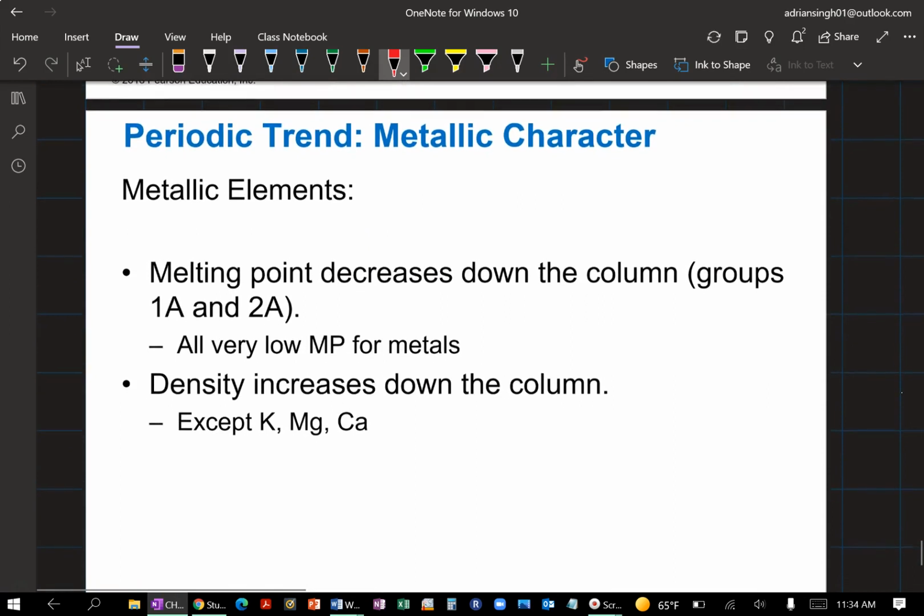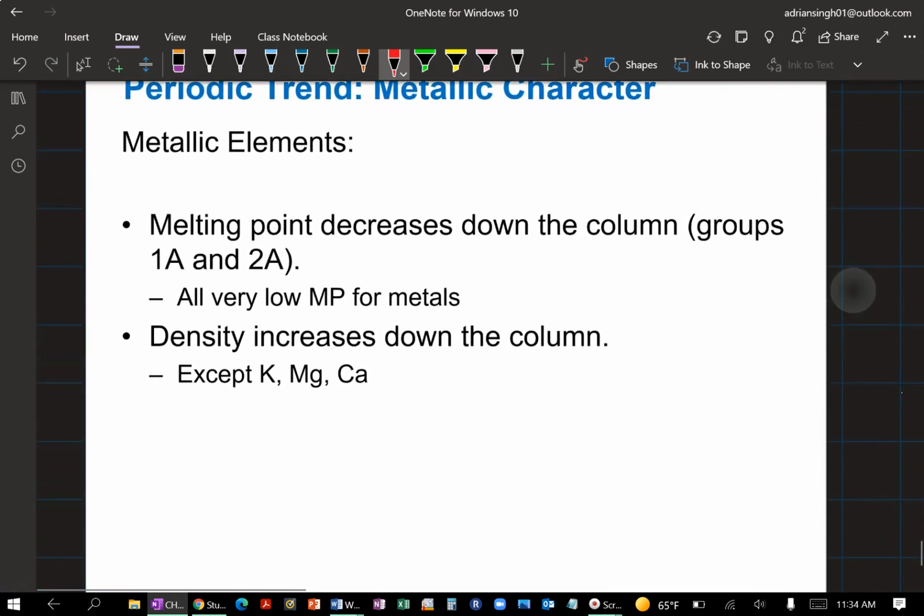In terms of some of the physical properties, for the metallic elements, the melting points tend to decrease going down the columns. Groups 1A and 2A tend to have very low melting points for metals if you compare them to the melting points for things like lead or copper, for example.